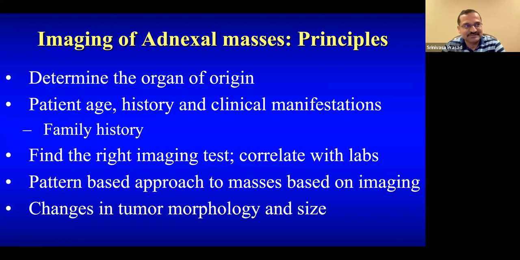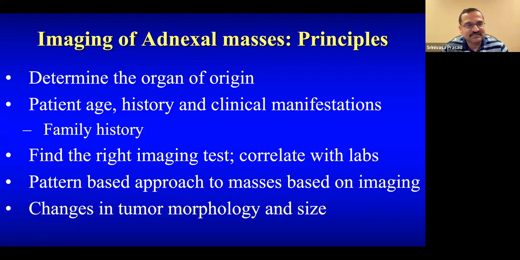One of the important things that we need to glean from patient history about the demographics and the clinical background of patients, which is important. In case of ovarian masses, it's also important to obtain, is there a family history of ovarian cancers or any other tumors related to the GYN tract?